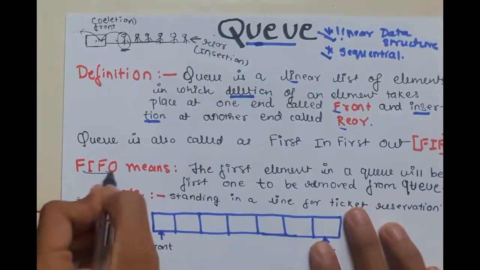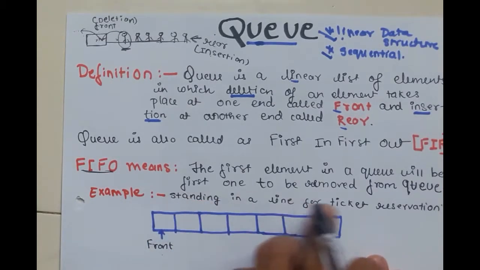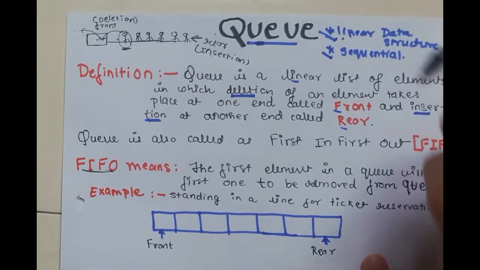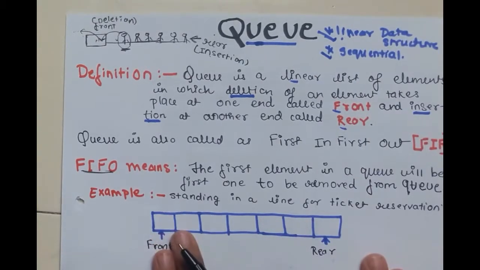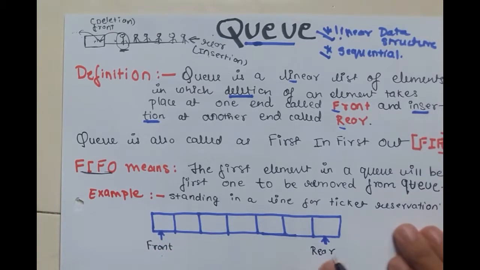Okay. Now the best example for queue is standing in a line for ticket reservation. And this is the simple representation of queue. This is the front end and this is the rear end. From this end there will be insertion of elements.